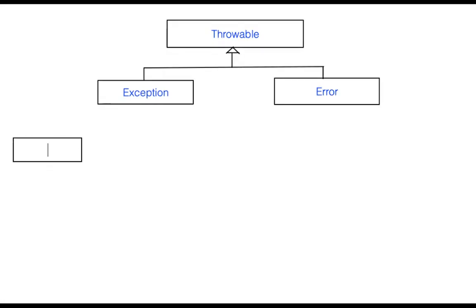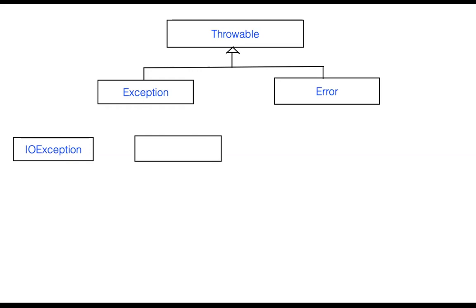The major ones: one is the IOException. IOException is one subclass of Exception. Another one is called RuntimeException. RuntimeException usually deals with number formatting problems.